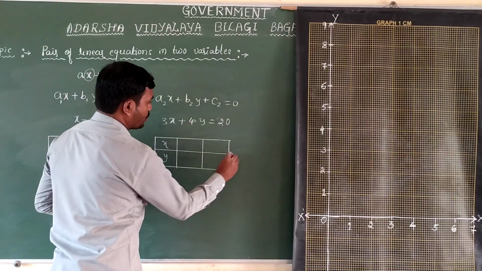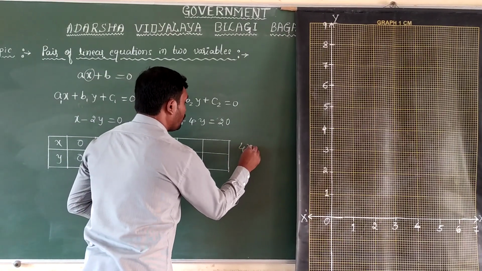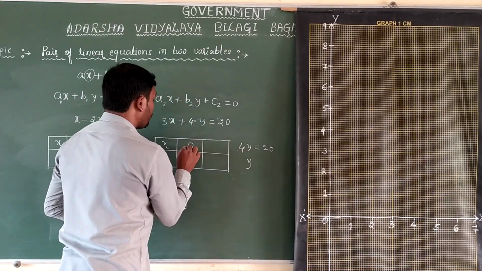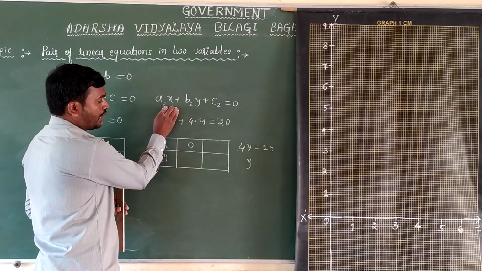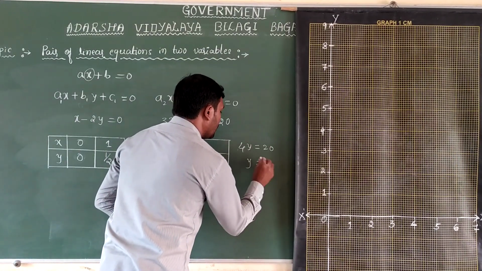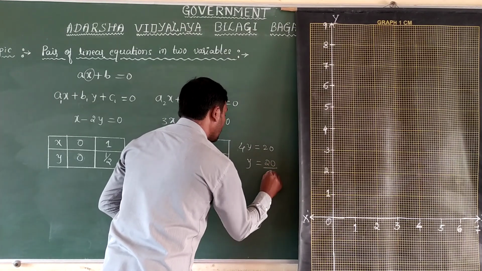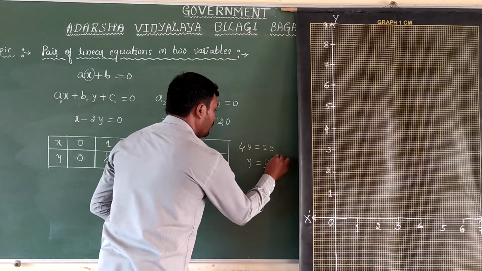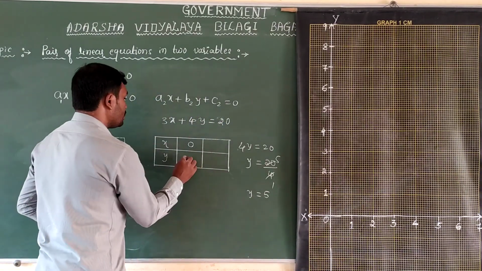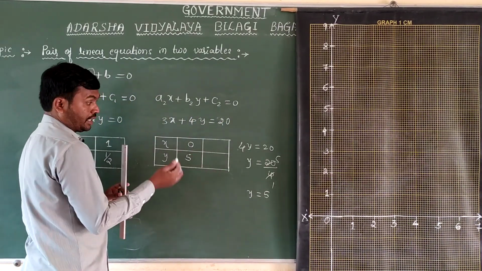Plus 4y is equal to 20. Then y becomes what? Here I have hidden the x, so x becomes 0. Then 4y is equal to 20, so y is equal to 20 divided by 4. 4 ones are 4, 4 fives are 20. So if x is equal to 0, then y is equal to 5, children.